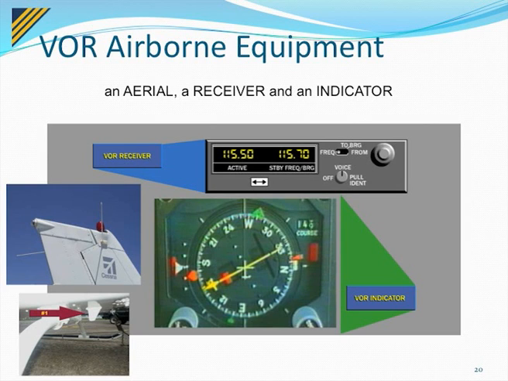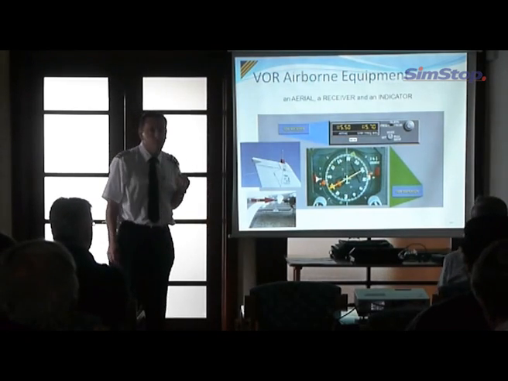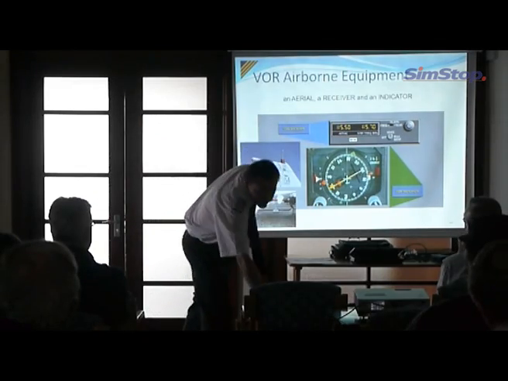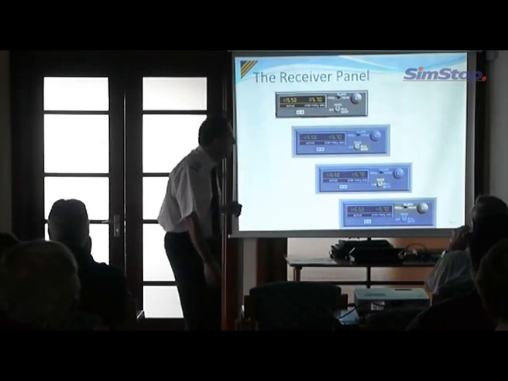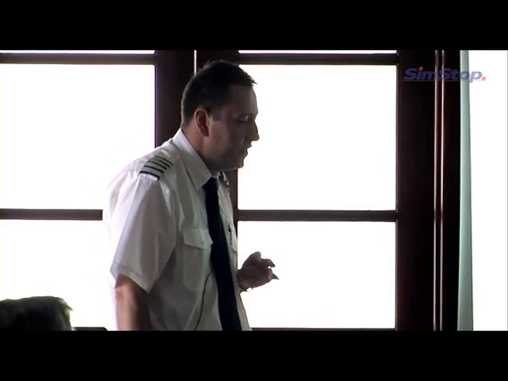The airborne equipment side of things, we have aerials on the fuselage, we have a receiver and an indicator in the cockpit. Again, with the receiver, you can tune two frequencies, one that is active and one that is in standby for your next beacon. The receiver panel has various functions on it.